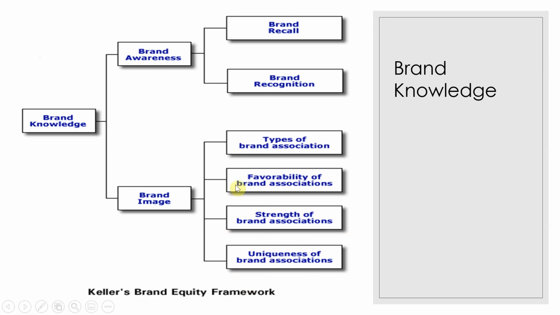Simply remember them as FSU, not Florida State University, but favorability, strength, and uniqueness. These are major characteristics of brand associations to be valuable as part of brand equity, right?